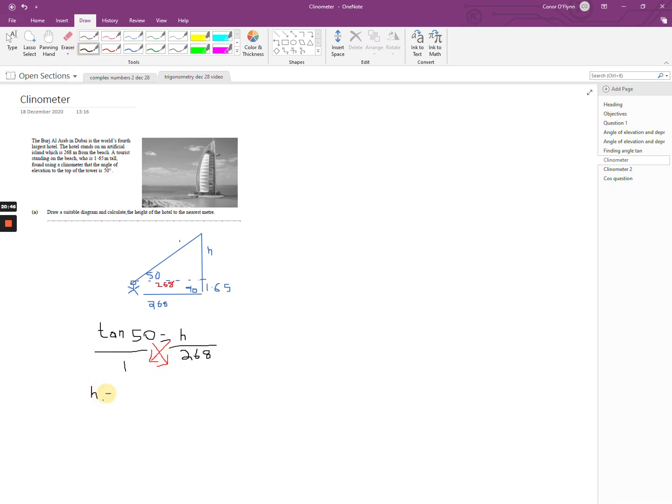So H equals 268 multiplied by tan 50. So that'll give our height. So let's work it out in the calculator. So that'll be 319.